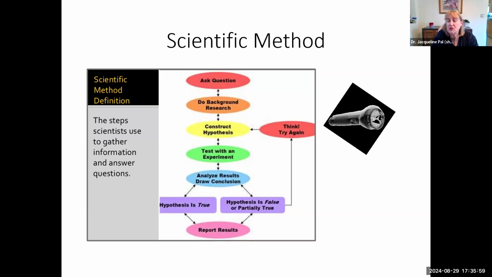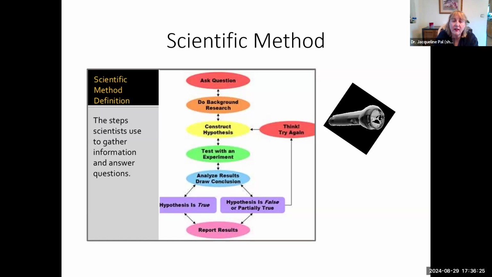You would find the correct size battery and you would change both batteries, and your experiment would then be to turn it on, and the results would be whether or not there is light. And if there is light, then your hypothesis would be true and you would report the results. But if there's no light, then your hypothesis is false and you would have to think again.